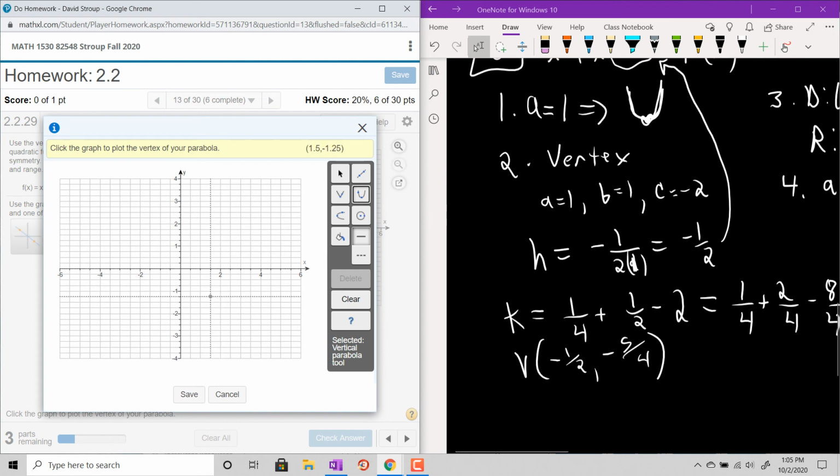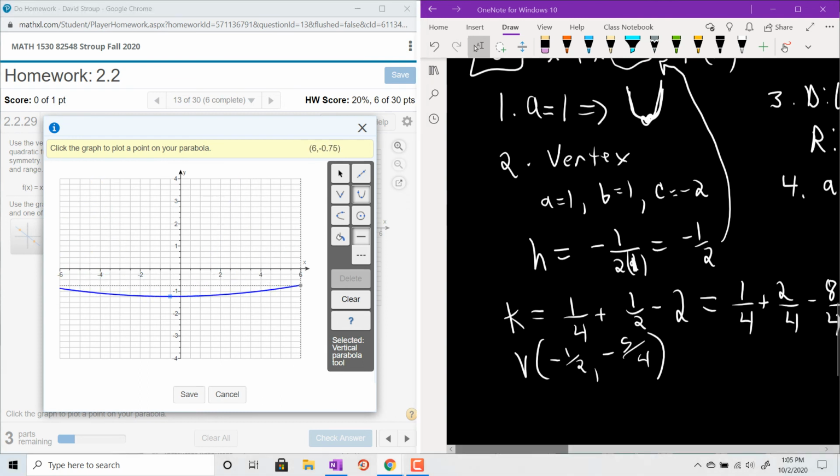The vertex is -1/2, and then down, oh gee whiz, yeah, they're giving me 0.25, it's good. So down 1.25, -1.25. Okay, and then I need an x-intercept.